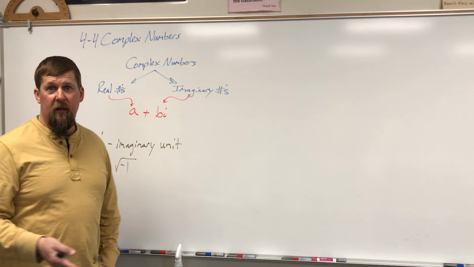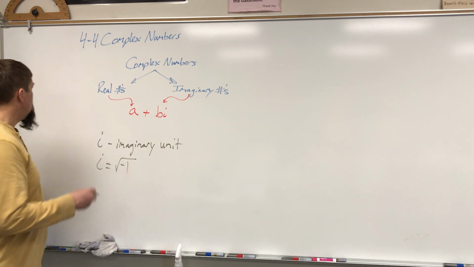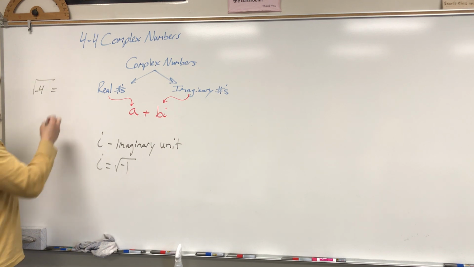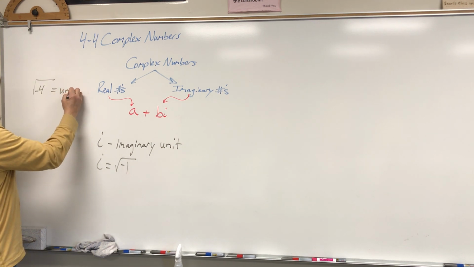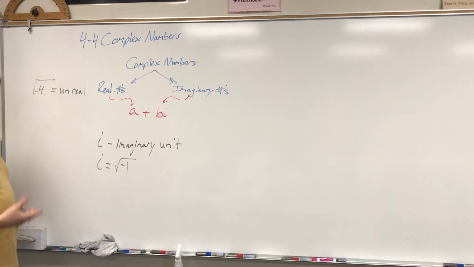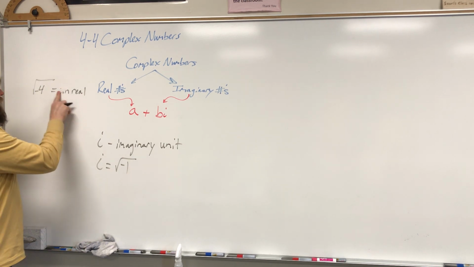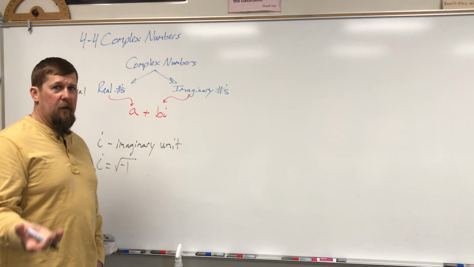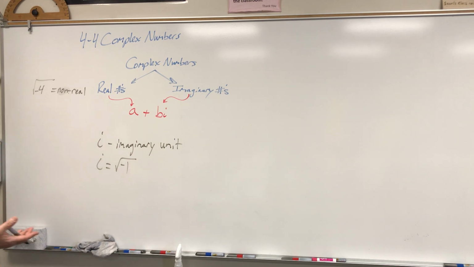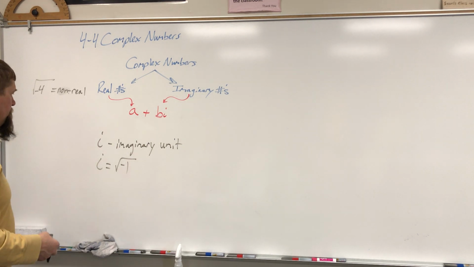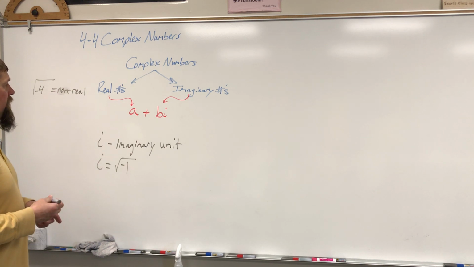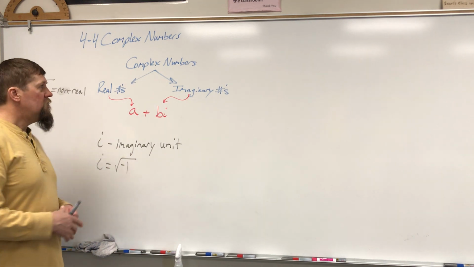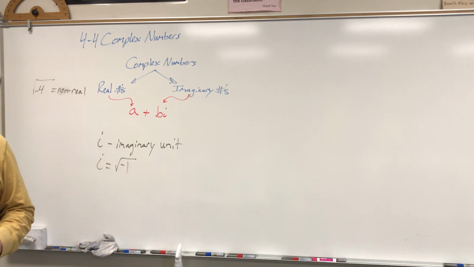If you type it in your calculator, for example, the square root of -4, your calculator is going to say it's non-real. Now, a non-real number, meaning imaginary, and some of your newer calculators might actually use the i unit on the calculator, but that's what an imaginary unit is. So when you see i, you know that that is an imaginary unit.